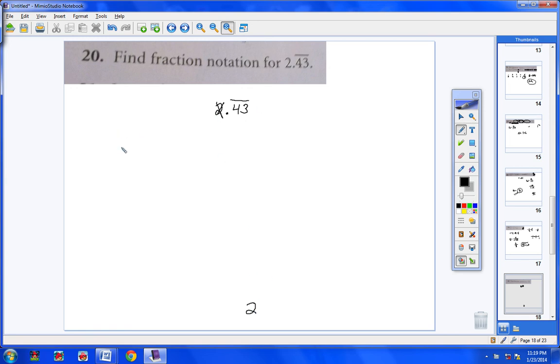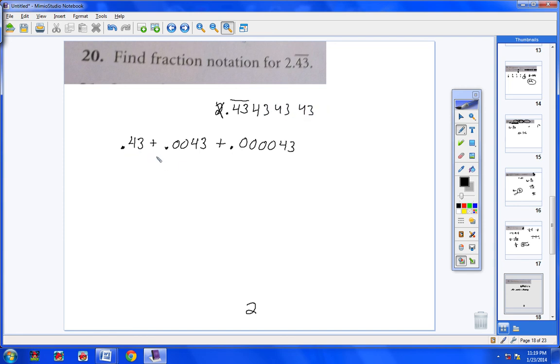Now 0.43 repeating could really be rewritten as 0.43 plus 0.0043 plus 0.000043, and so on. How, Mr. Earhart? Because look, guys, the bar over the 43 means it's repeating. Is it not?